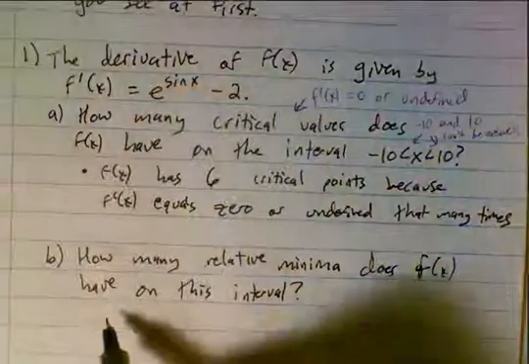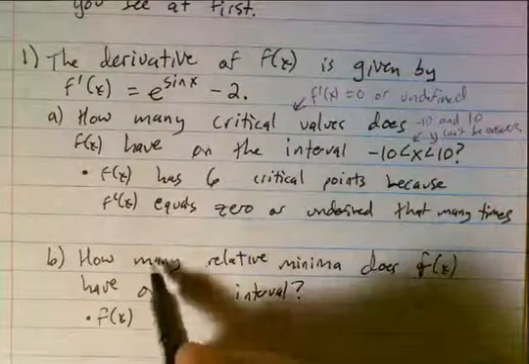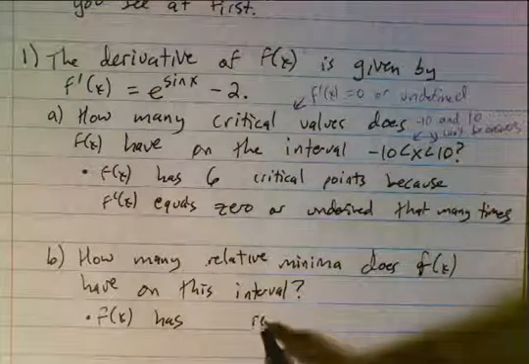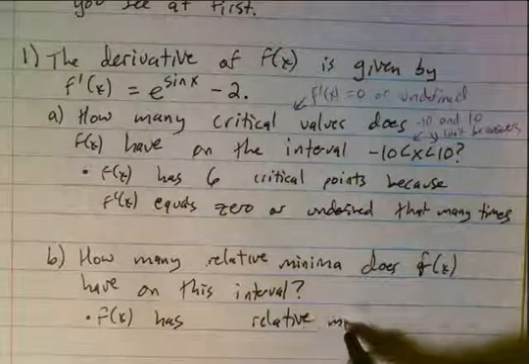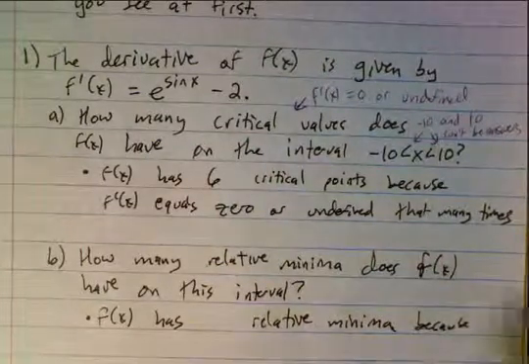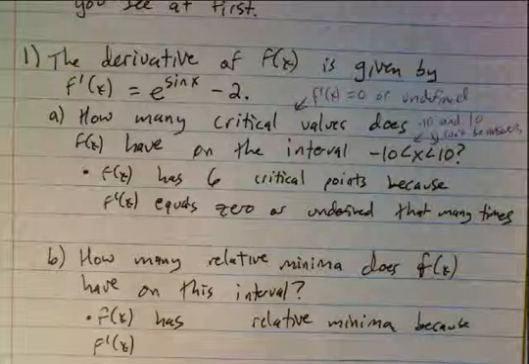So first what we're looking for is f of x has blank relative minima because f prime of x, a relative minima, means f prime of x changes from negative to positive.